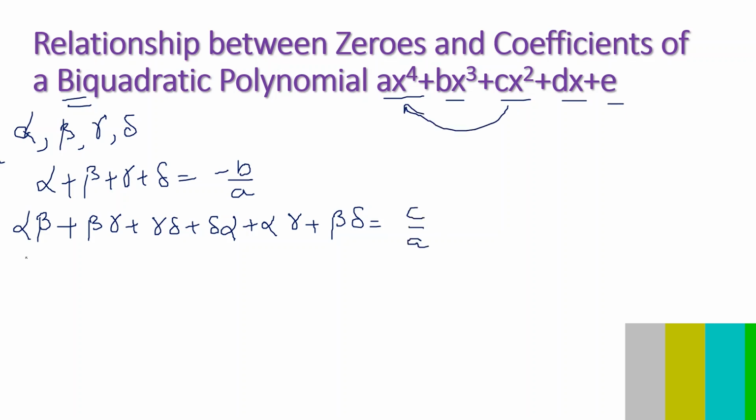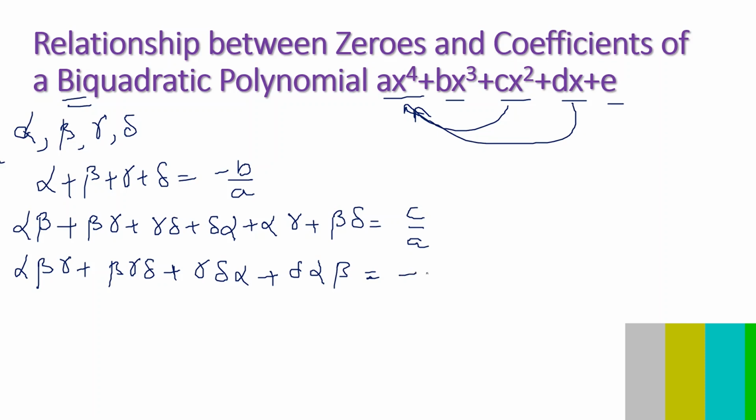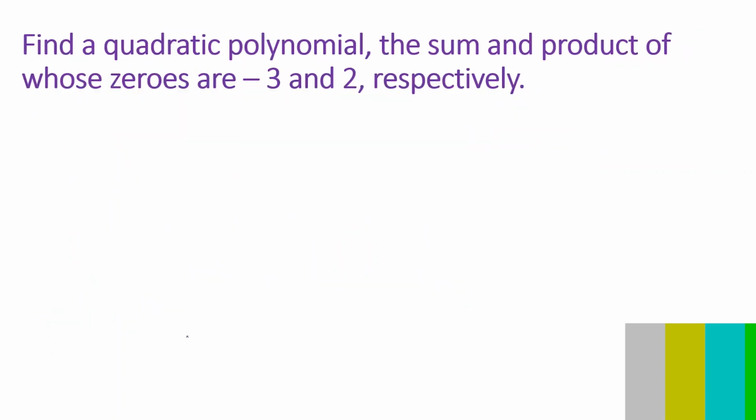And now 3 roots at a time, alpha beta gamma plus beta gamma delta plus gamma delta alpha plus delta alpha beta, this is equal to minus d by a. And now 4 at a time means alpha, beta, gamma and delta, this is none other than e by a. Absolutely correct. This is the relation between the zeros and the coefficients of different kinds of polynomials.